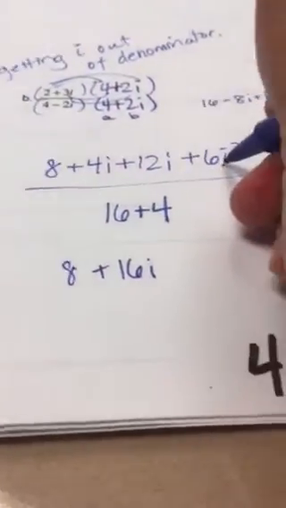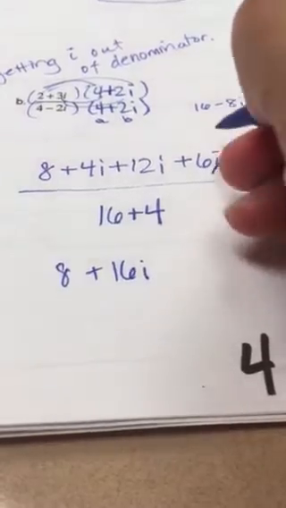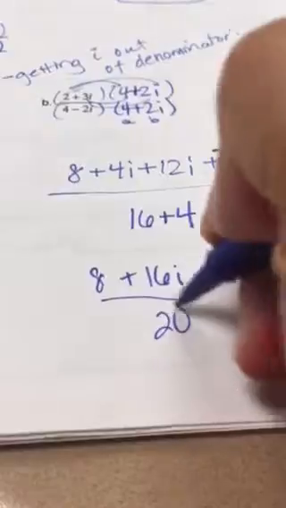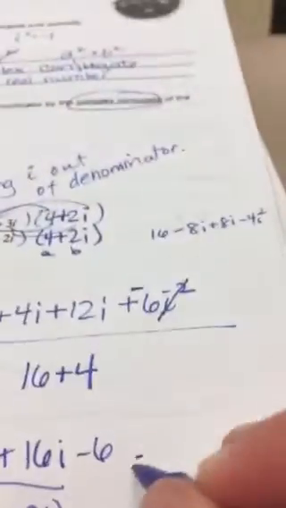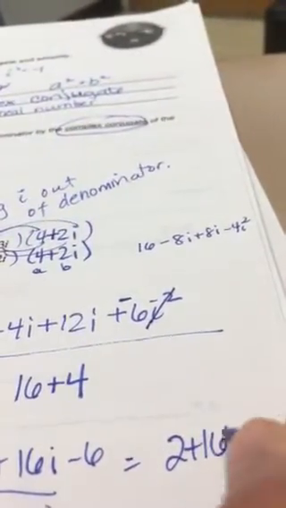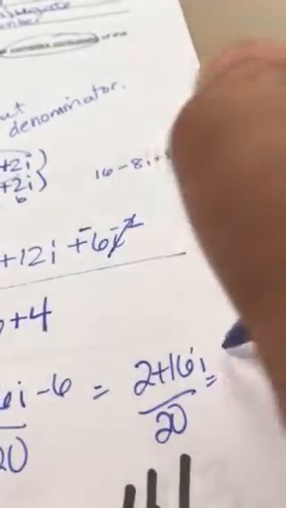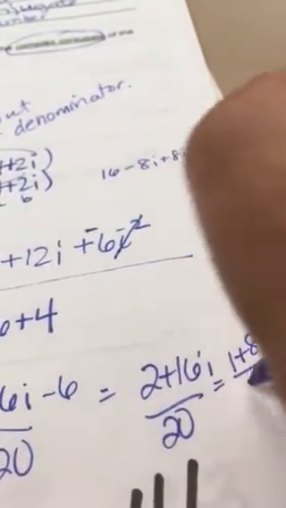So 8 plus 16i. That changes to a negative 6, minus 6, over 20. So we got 2 plus 16i over 20. Reduce it all by 2, and you end up with 1 plus 8i over 10.